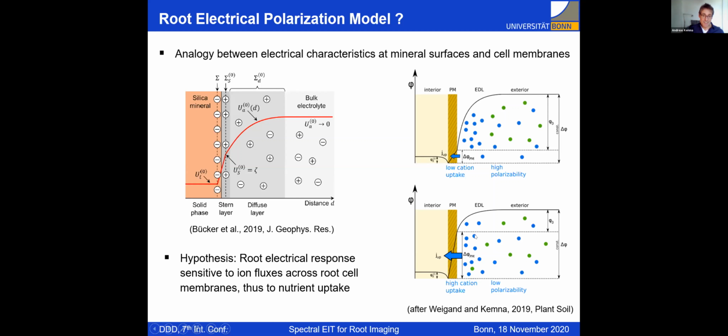So in this case, with the uptake, the strength of the double layer would decrease, and that should have, in a similar way as for soils and rocks, an effect on the effective polarizability.